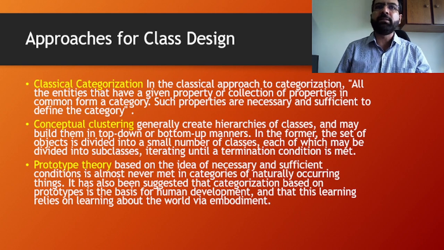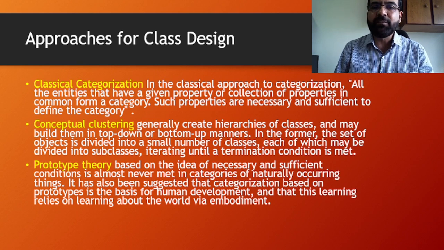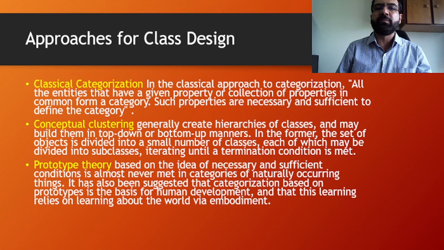For example, if I show you a picture of a table and a picture of a chair, you can quickly identify that is a chair, that is a table. So you can easily differentiate between the two. How? Because the visible features can easily identify the difference between these two.